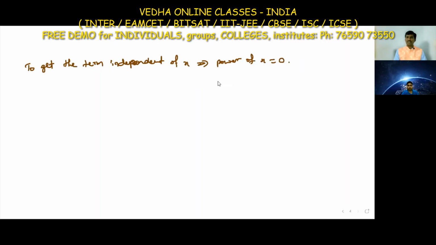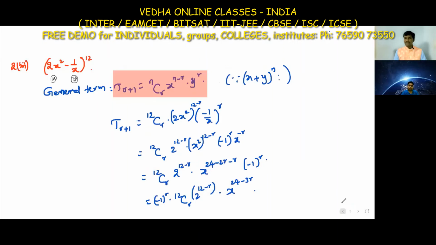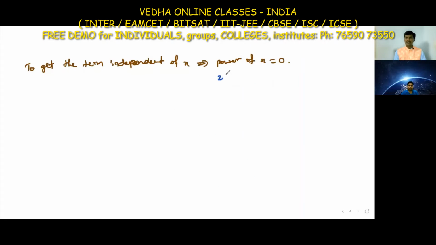What is the x to the power here? 24 minus 3r. 24 minus 3r equal to 0. 24 is equal to 3r. r is equal to 24 by 3.